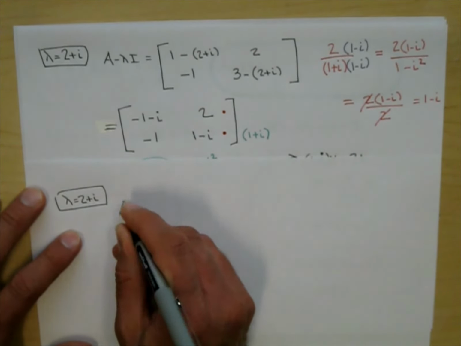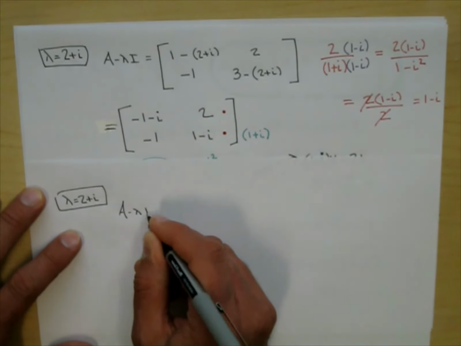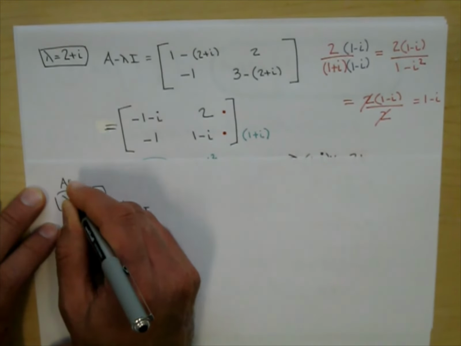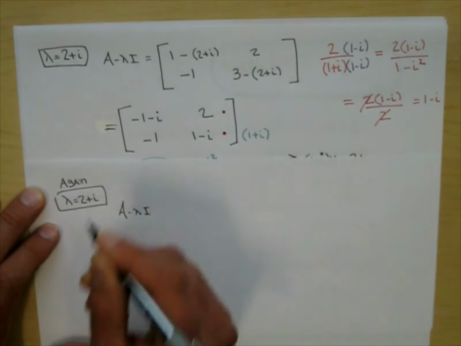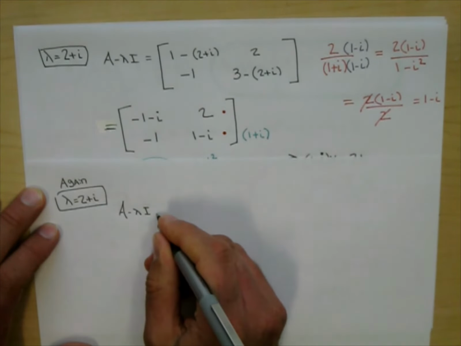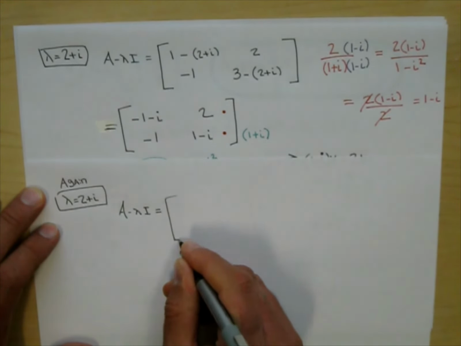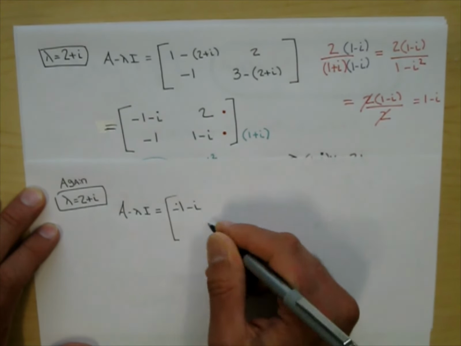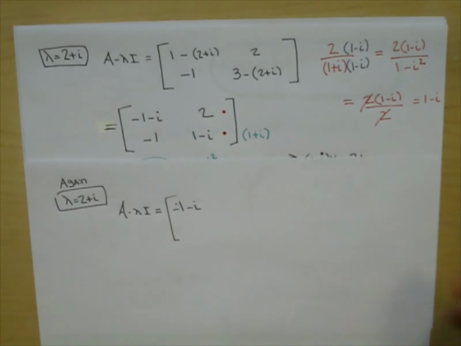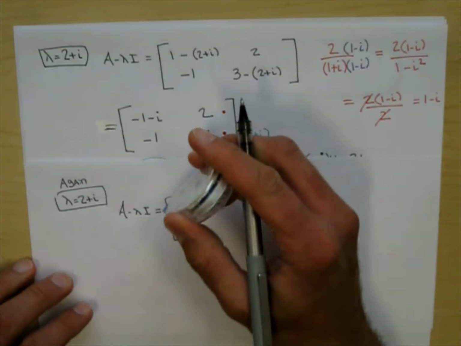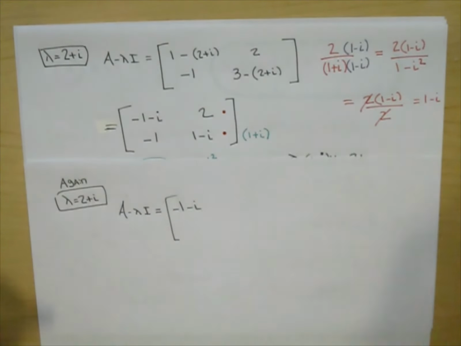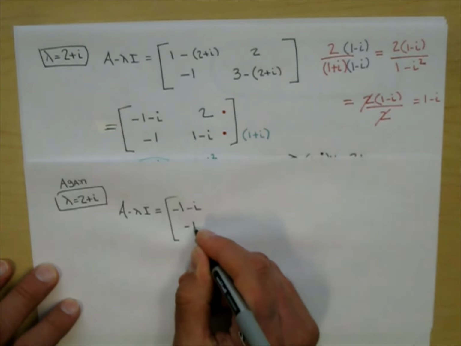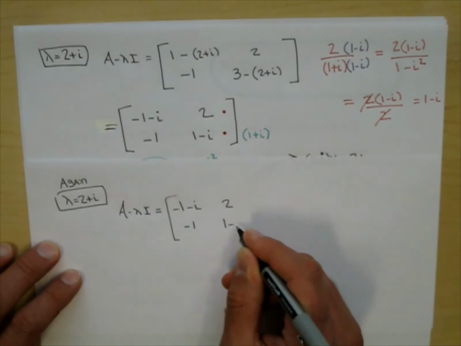A minus lambda I equals this right here. So negative 1 minus i, 2, negative 1, 1 minus i.